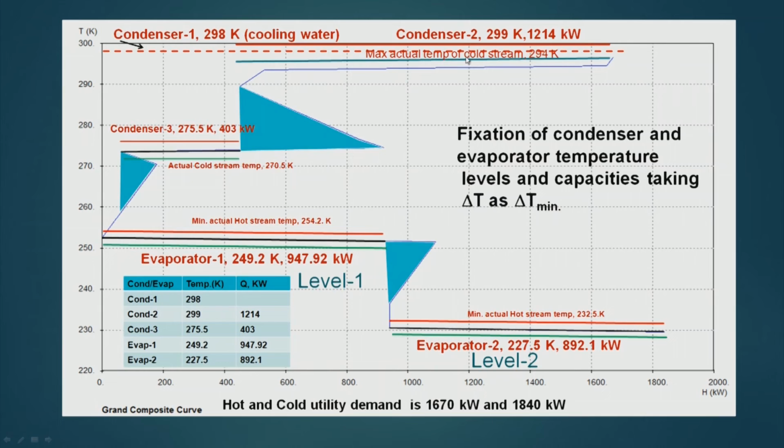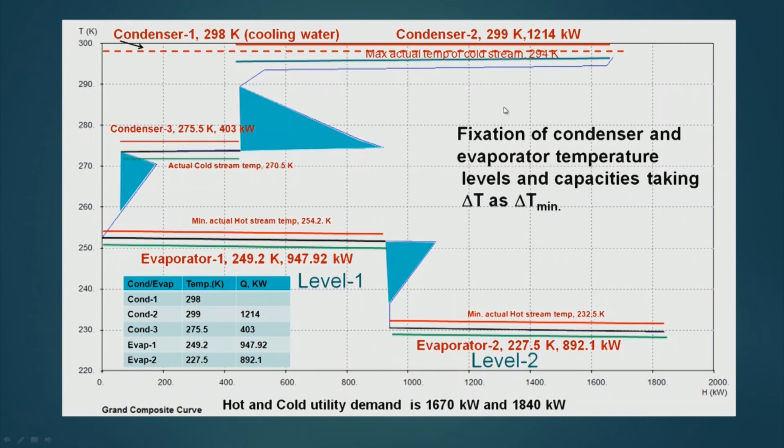The maximum temperature of the cold stream is 294 Kelvin. If I add 5 degrees to this, it becomes 299 Kelvin. So, condenser number 2, which will pass the heat to my process streams, will have a temperature of 299.